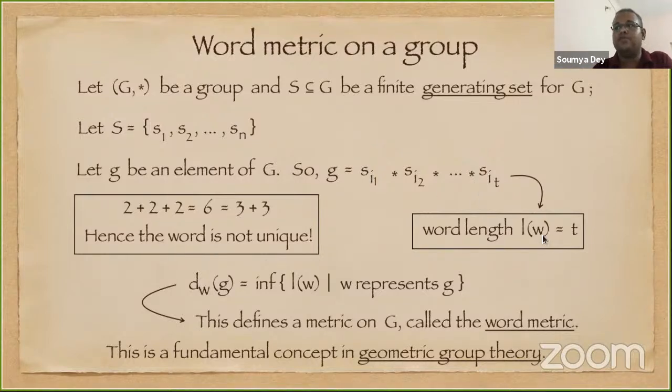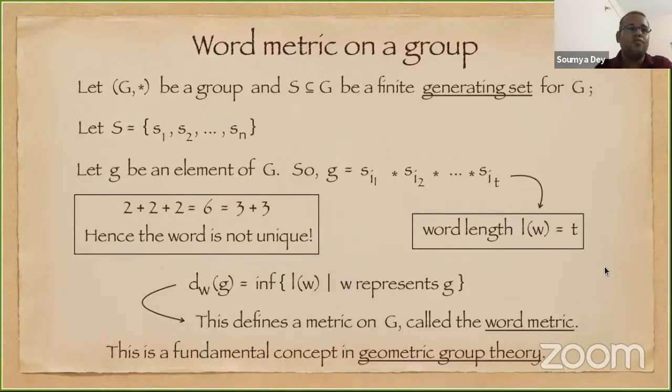Say W is a word. You consider the word length of W, that is L of W, and you take the infimum of these L(W)s. You will say that the length of g is the infimum of all L(W) where W represents g. And this will give you a metric on your group.